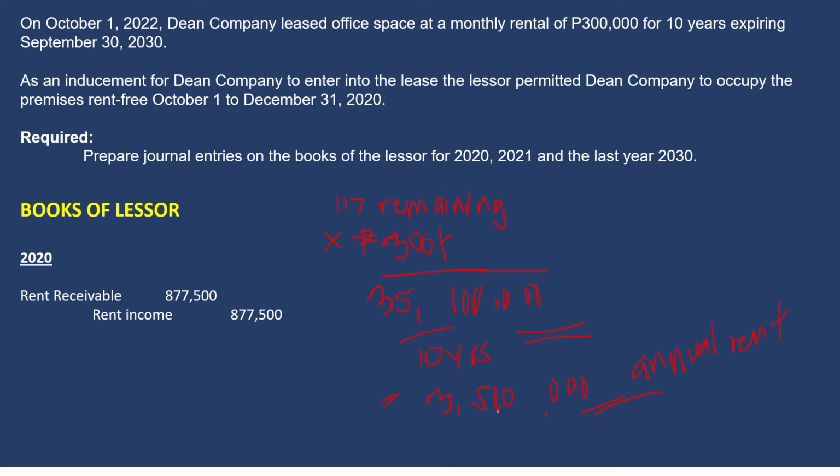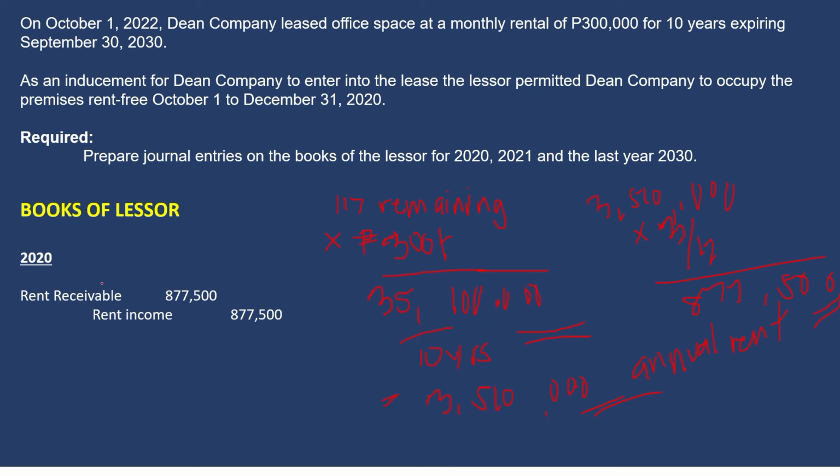So, that's 3 months. Therefore, 3,510,000 times 3 over 12. Okay? And that's 877,500. That's why mao ni ang entry.